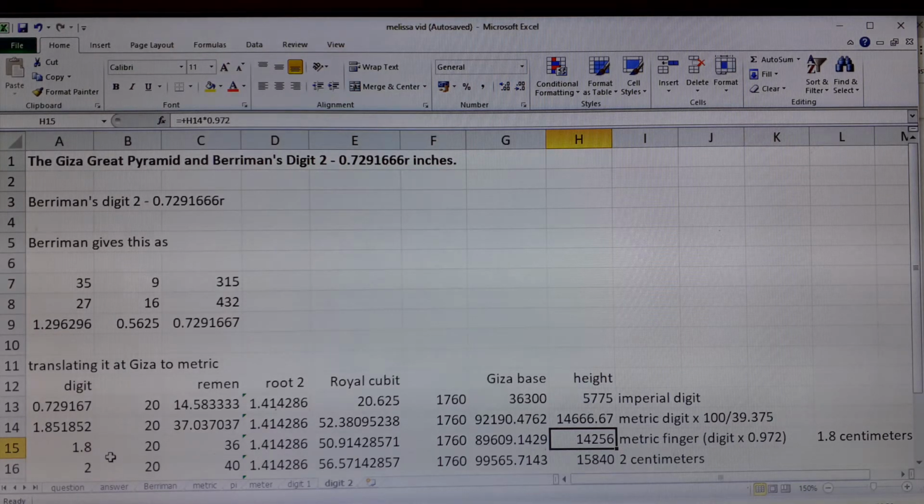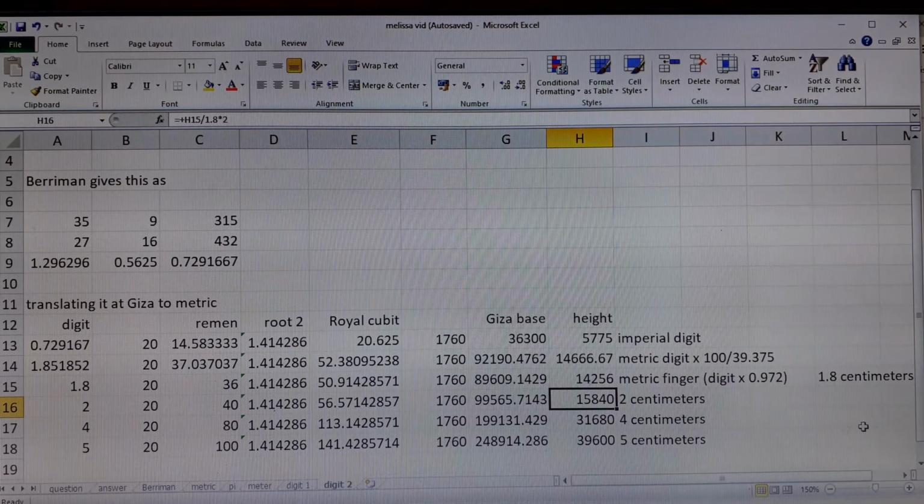And now we're going to go above that by dividing it by 1.8 and multiplying it by 2 to get this row, which is the 2 centimetre row. We find the height now has gone up to 15840, and when we have a 4 centimetre digit, the height becomes 31680 centimetres.